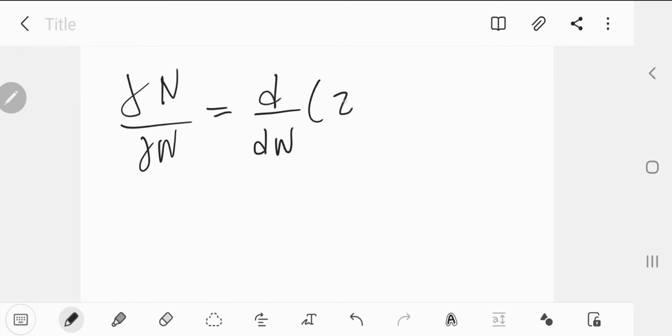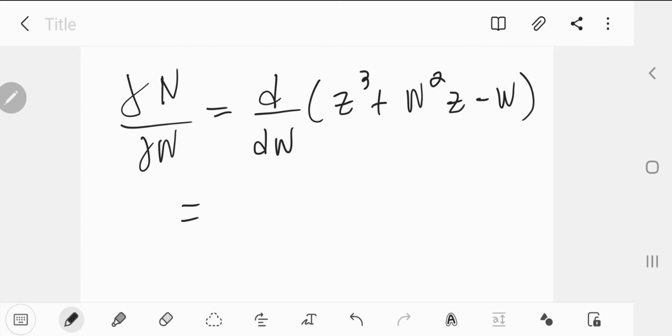Let us solve the partial derivative of N with respect to w, which is d over dw of z cubed plus w squared z minus w. Let us consider z as a constant.